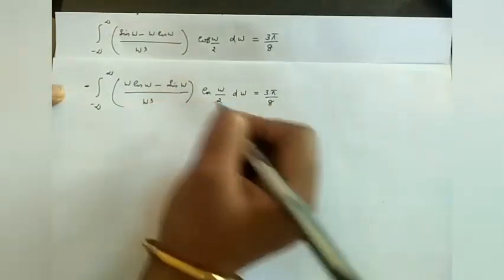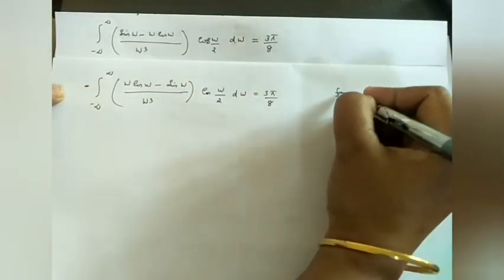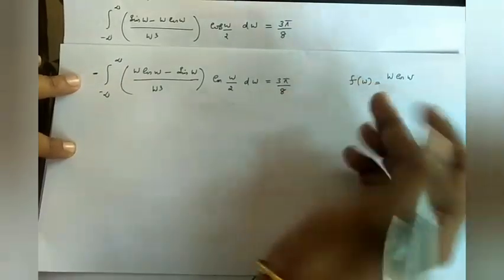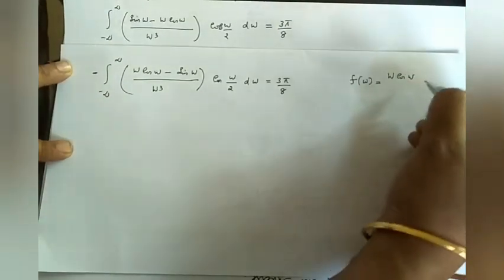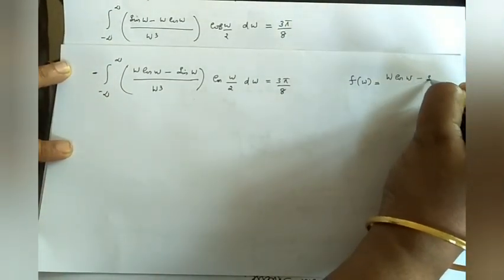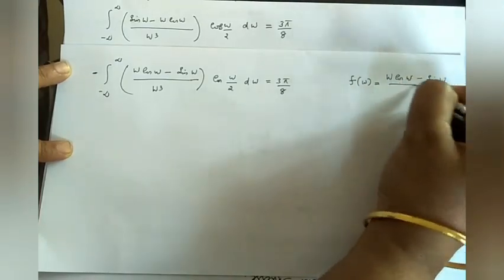Here we have two functions. First of all, I am considering this function, that is f omega. F omega is equal to (omega cos omega minus sin omega) by omega cube.